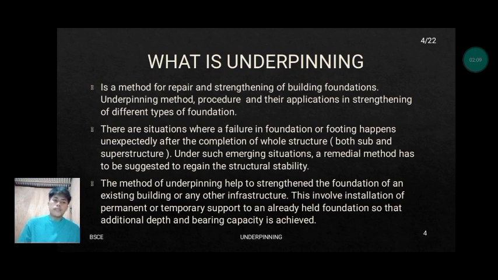The method of underpinning helps to strengthen the foundation of an existing building or any other infrastructure. This involves installation of permanent or temporary support to an already built foundation so that additional depth and bearing capacity is achieved. So in short, the underpinning method is to repair or strengthen the building foundation, which is caused by a failure of foundation or footing.